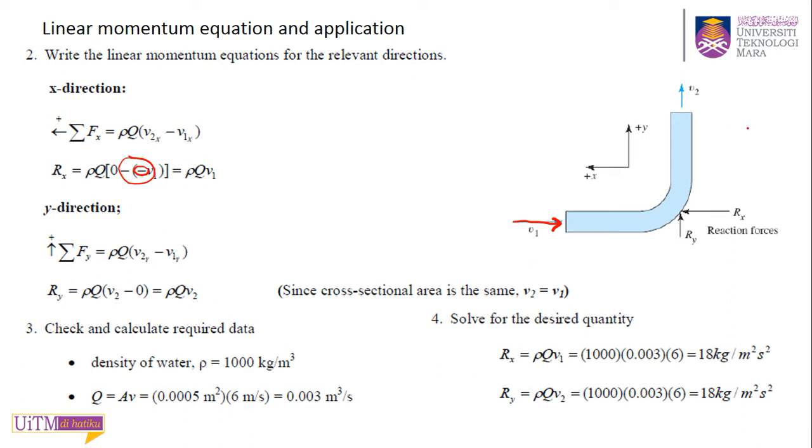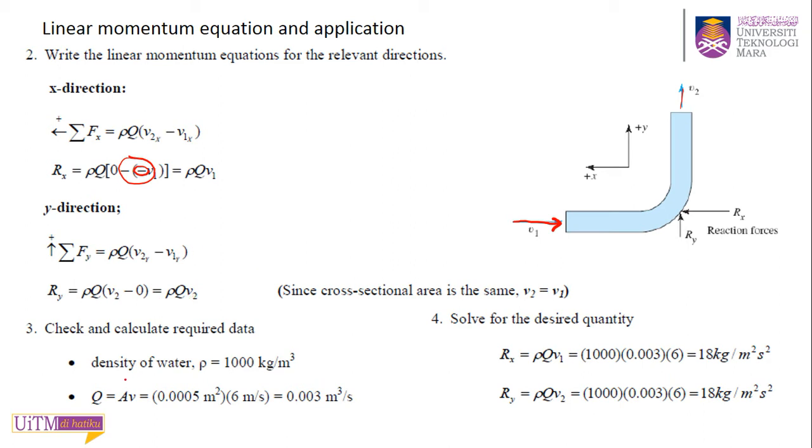You only have V2y here. This one is the same direction as your reference, so your V2y is only V2. Minus V1y, and this is 0, because there is no component in y direction for V1. So this will be rho Q V2.